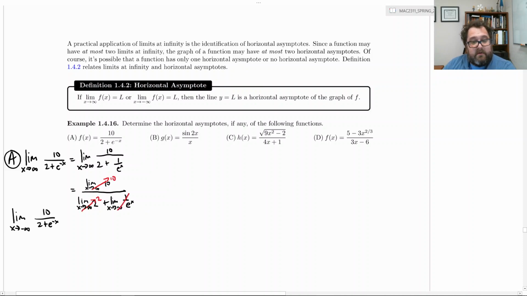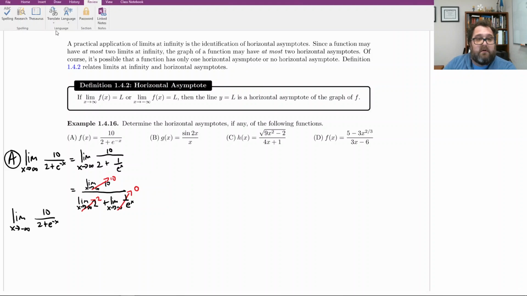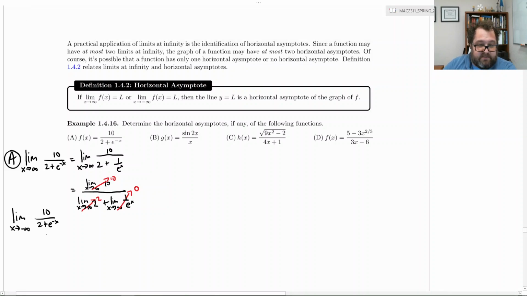What about this limit? Well, the numerator is 1, the denominator is variable, which means the denominator is growing while the numerator is constant, so that overall has to go to 0. And so what do we get? We get 10 over 2 plus 0, so we get 5.